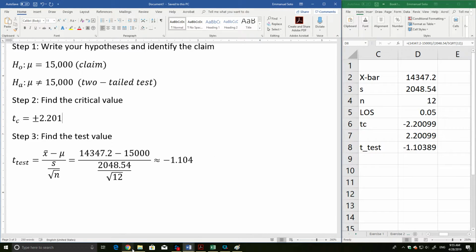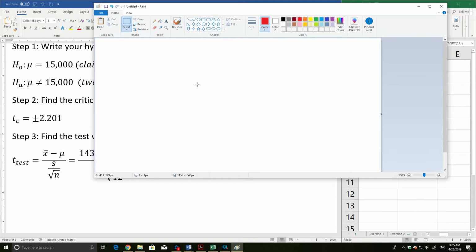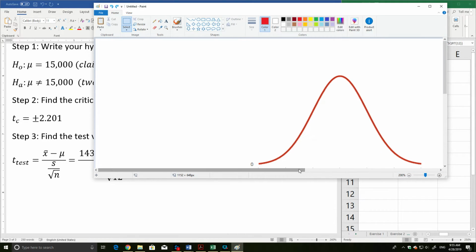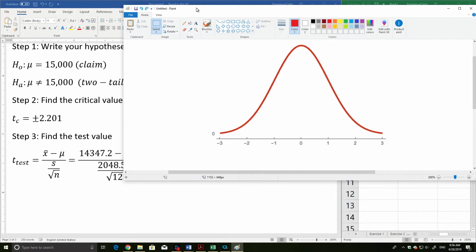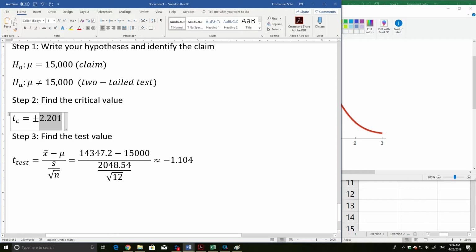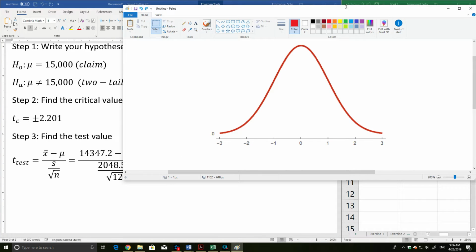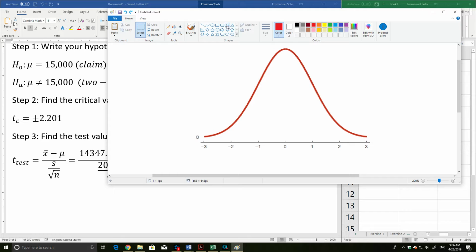All right, so then again, going back to the paint example that we had before I did all this stuff here. So let me zoom in on that. Okay, so now I want to label my criticals here and my t-test. So I'm going to label the criticals first, 2.201.